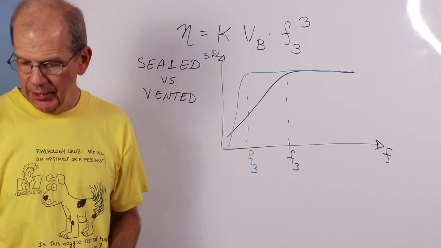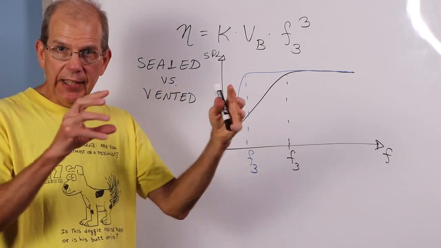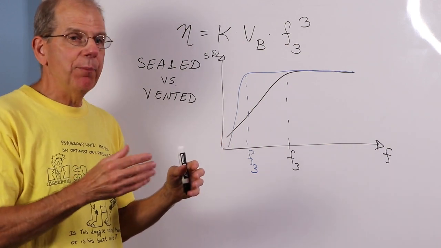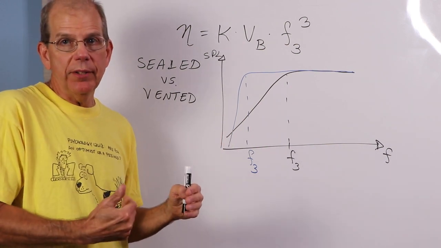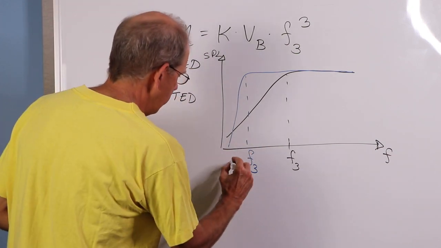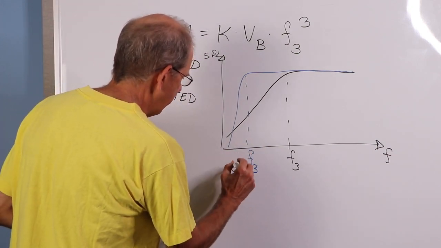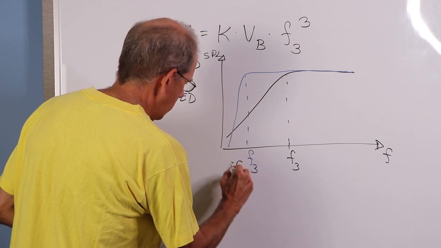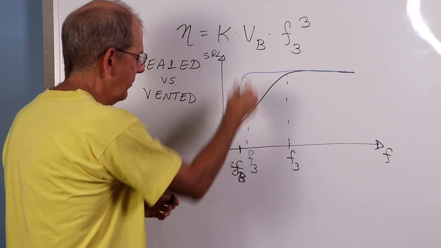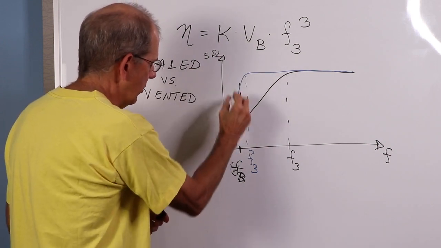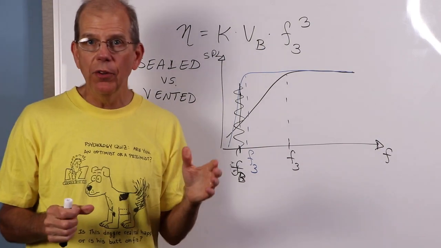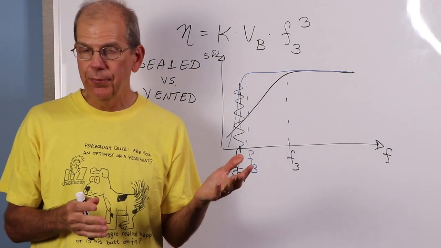Here's the problem. The air that's in the port, right? You're basically exciting the air that's in the port down around the port frequency, which is FB. So FB might be over here, which is like out here somewhere. Well, I'll just say, okay? So in this region around here, the excursion of the cone, the woofer cone, is actually reduced.